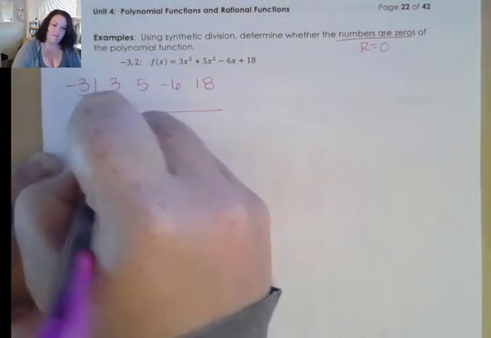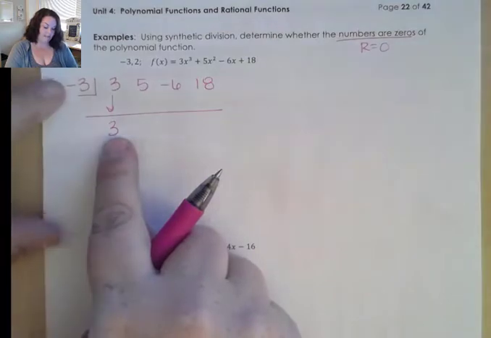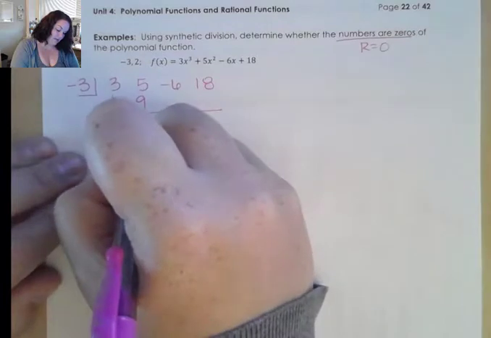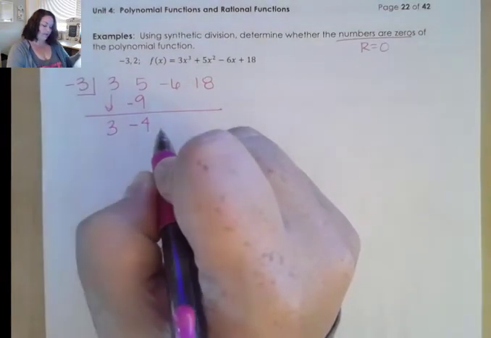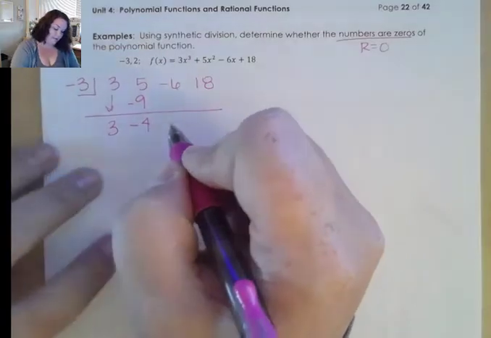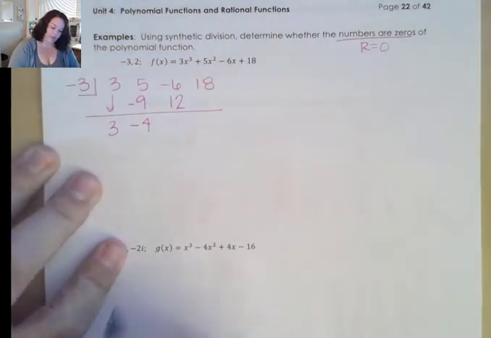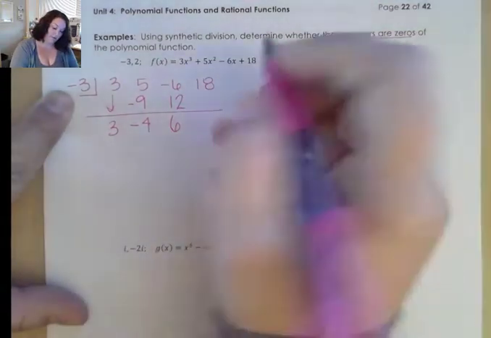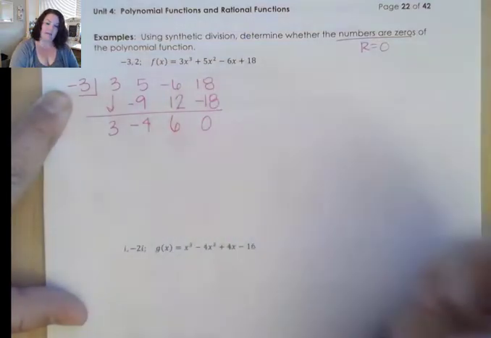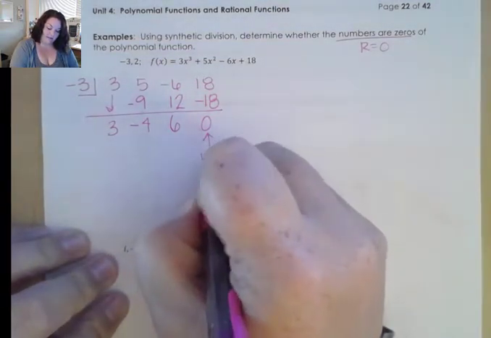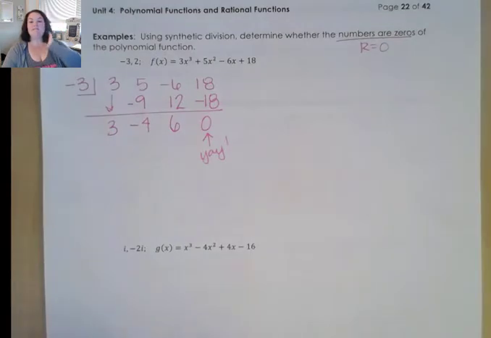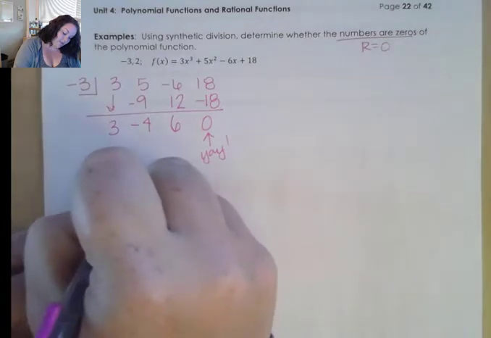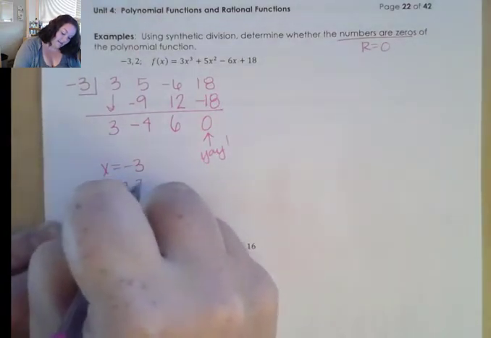I do my synthetic division by bringing my first number down. 3 times the -3 in my box is -9. 5 and -9 gives me -4. -4 times the -3 in my box is +12, which combines down to +6. +6 times the -3 in my box is -18, which gives me a 0, right? So if I get a 0 remainder, that means that the value that I just checked in my box is a 0. So this means that x equals -3 is a 0.